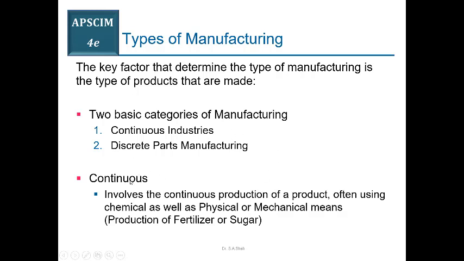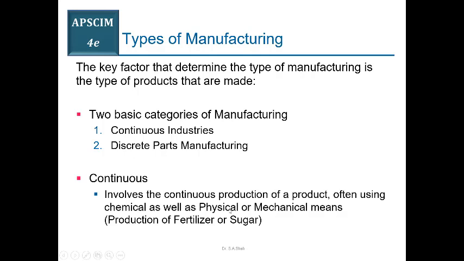And as I said, continuous basically involves the continuous production of the product, and often they use chemical processes to transform that raw material.